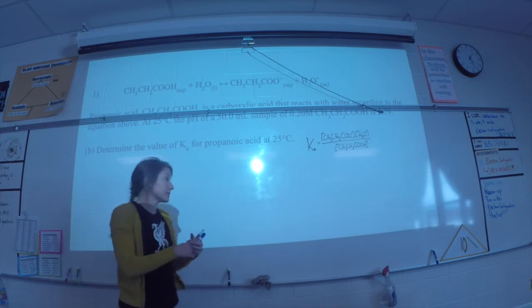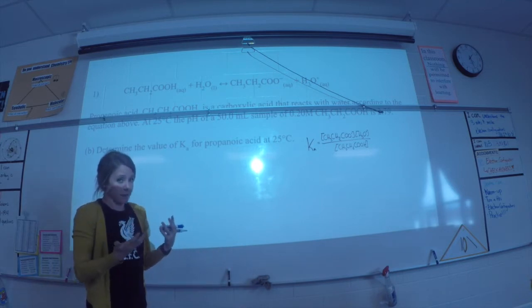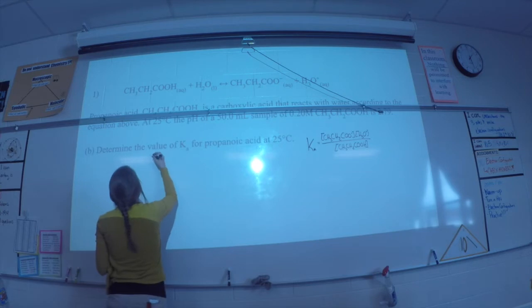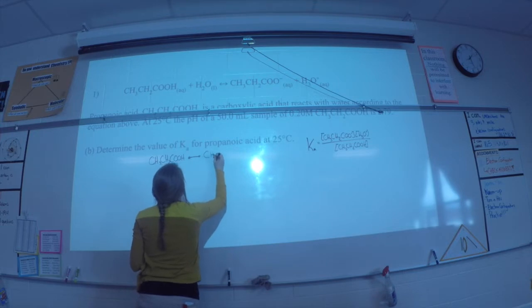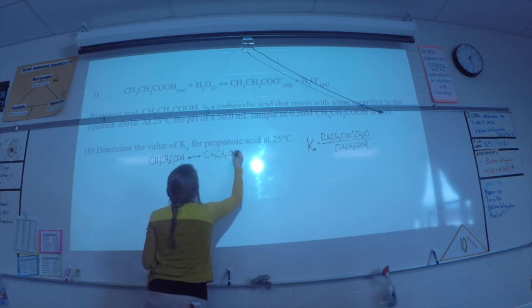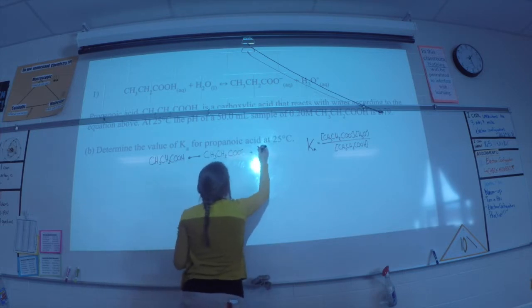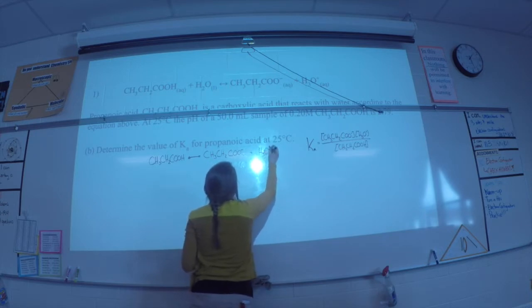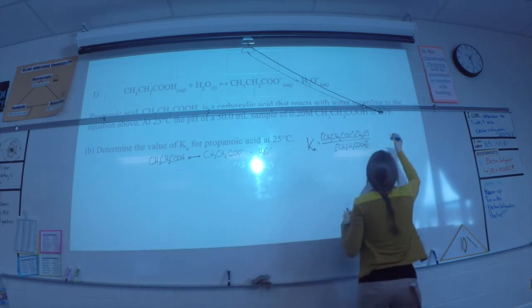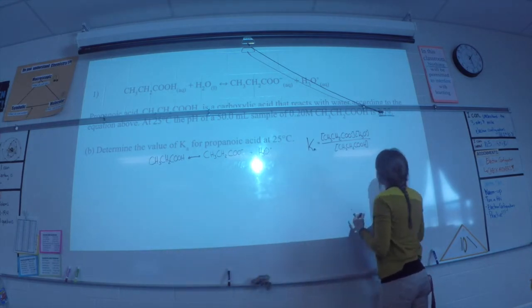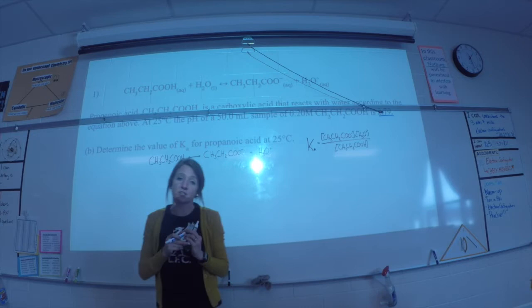So the next thing is, a lot of you did recognize that this is a RICE chart idea, where I saw some common mistakes. Just bringing the equation down, I'm going to leave out water. So one of the common mistakes I saw is a lot of people recognized that this pH value right here was important to us, because a pH tells us information about a solution.